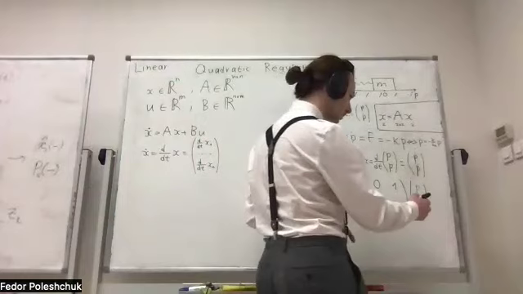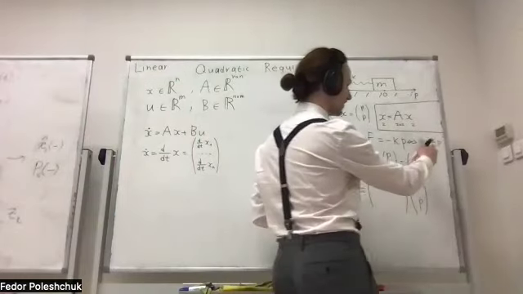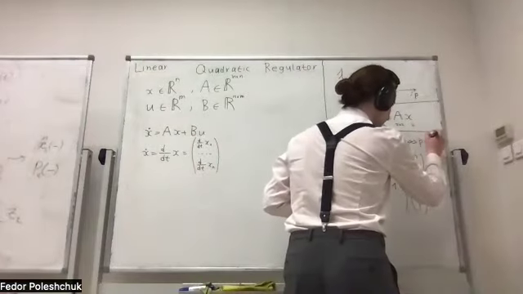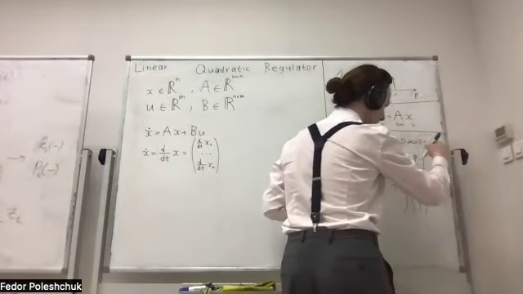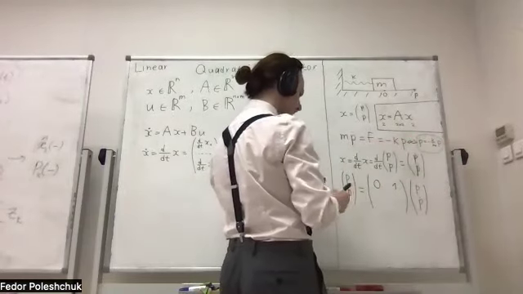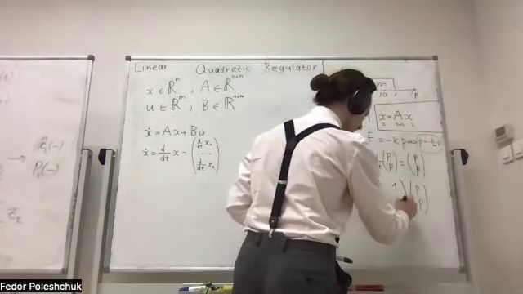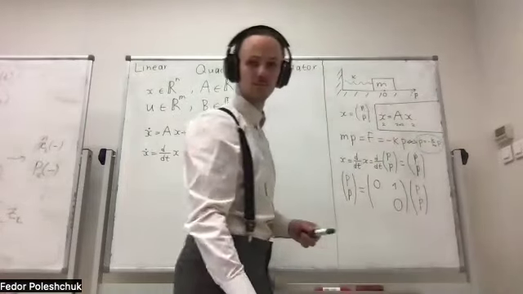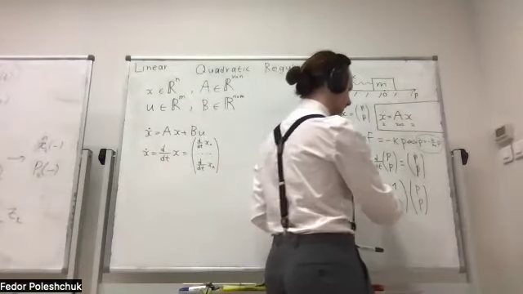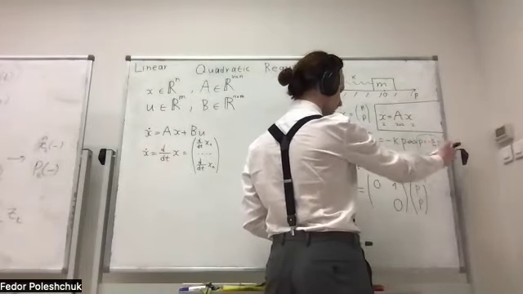This is the exact expression for p double dot. Is there any dependence on p dot? No, there's not. So the corresponding coefficient over here will be equal to 0, and this coefficient will be equal to minus k over m.